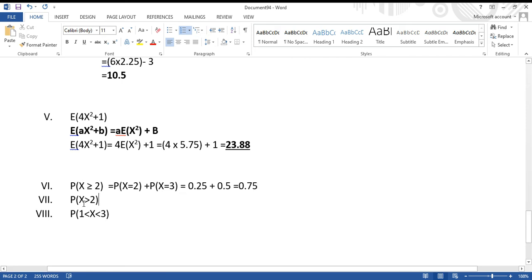The next one, the probability that our random variable X is greater than 2. This is just going to include the probability of the random variable being 3. It gives us 0.5.